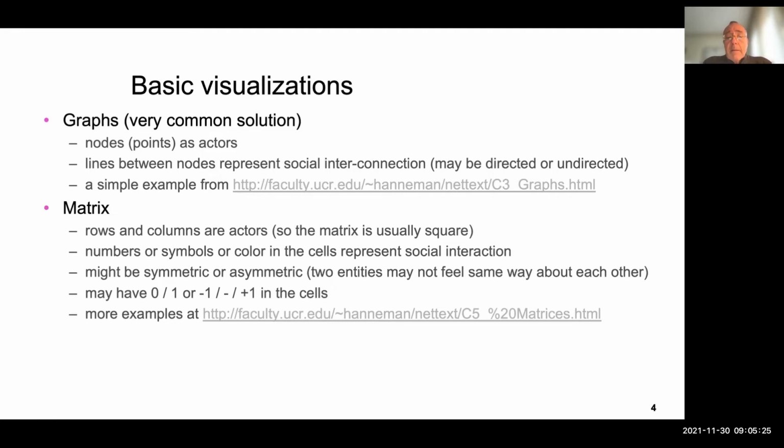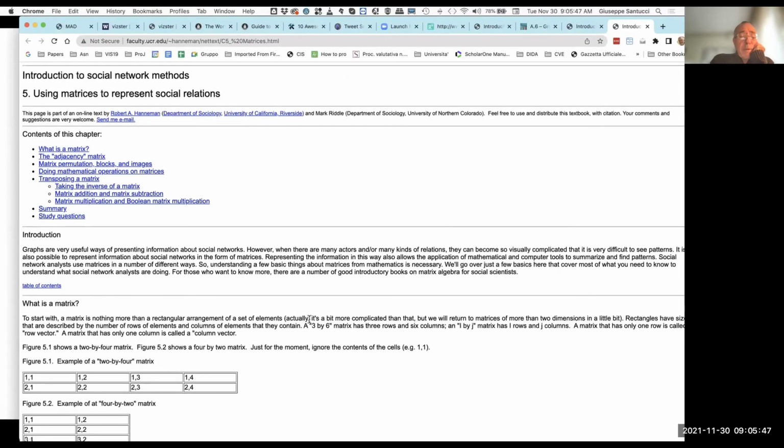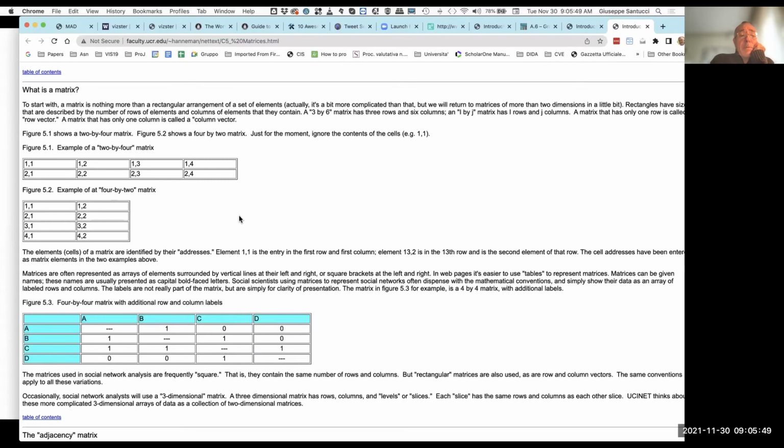Maybe the sentiment you're representing in the matrix is not symmetric. Love, for instance, likes, for instance. And you can have also different values. 0 meaning nothing, 1 meaning positive, minus 1 meaning negative, and so on. And here we have some example of this matrix.